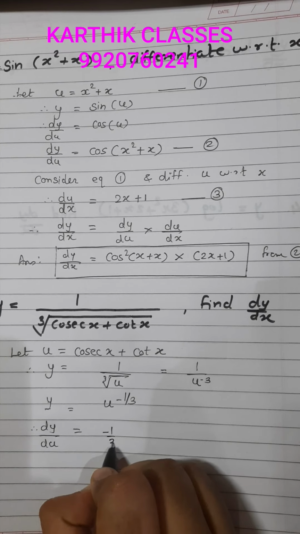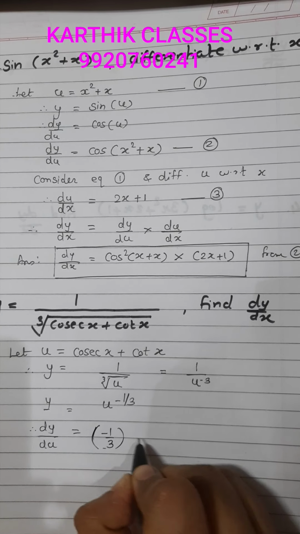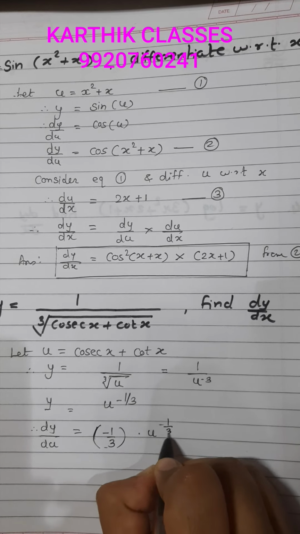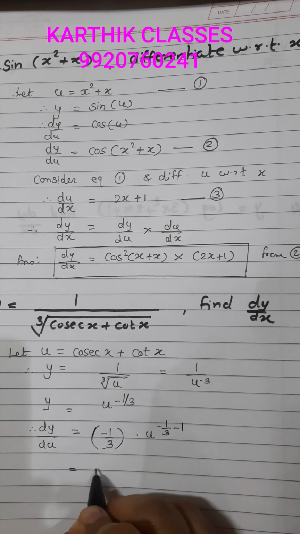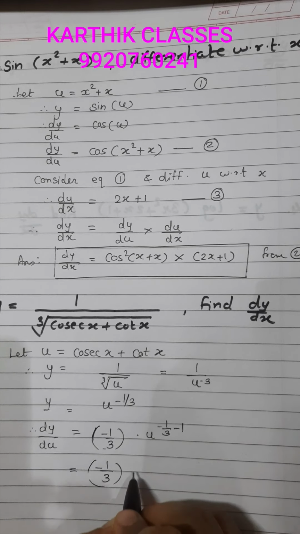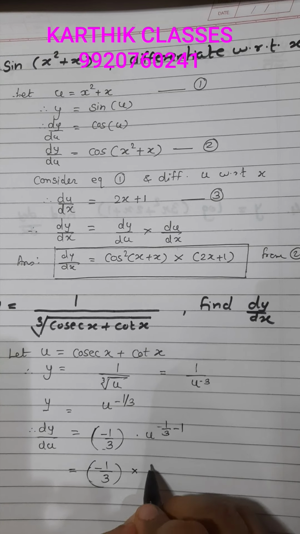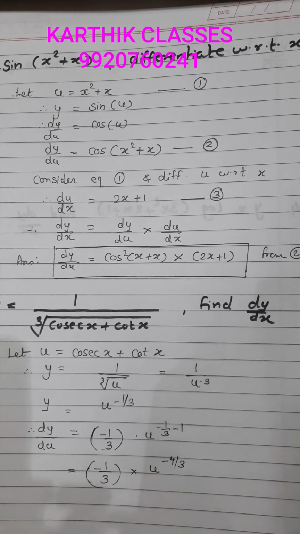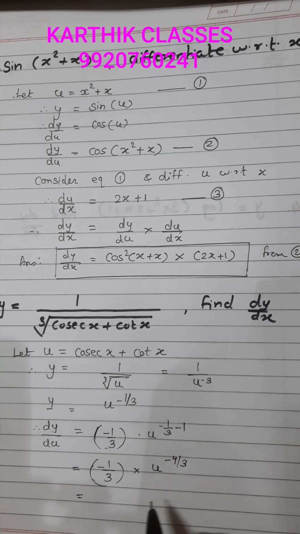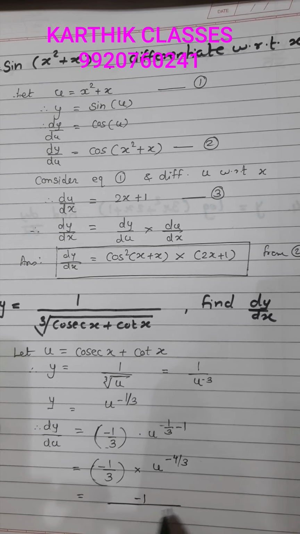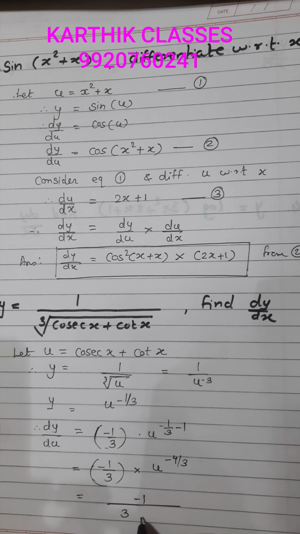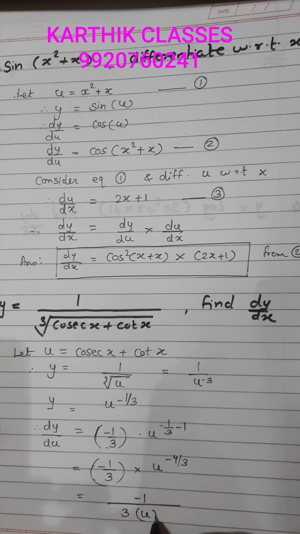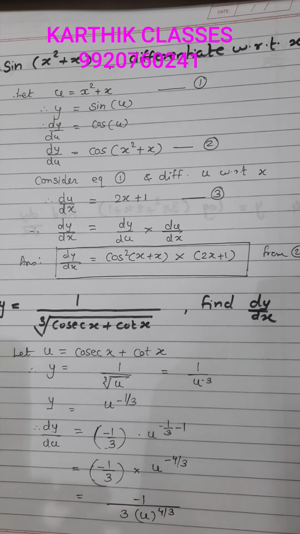So keeping that n down into u raised to minus 1 upon 3 minus 1. So minus 1 upon 3 into u raised to, if you solve this, you will get minus 4 by 3. So my final answer is going to be minus 1 upon 3 and u raised to 4 by 3 in positive index form.